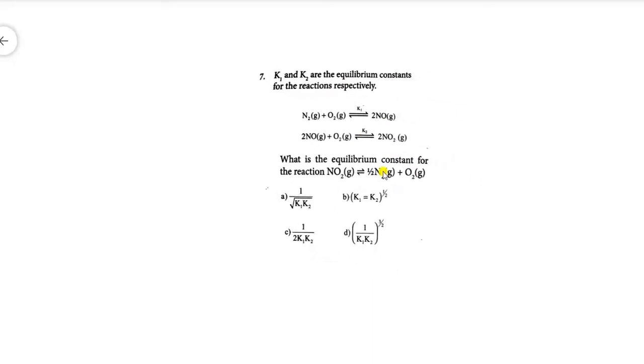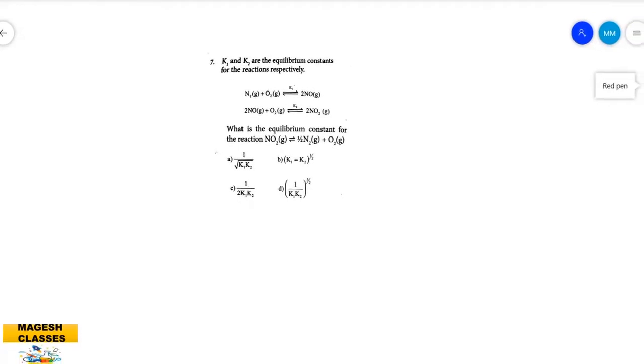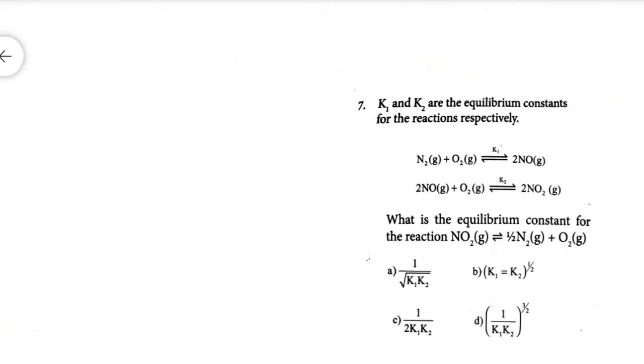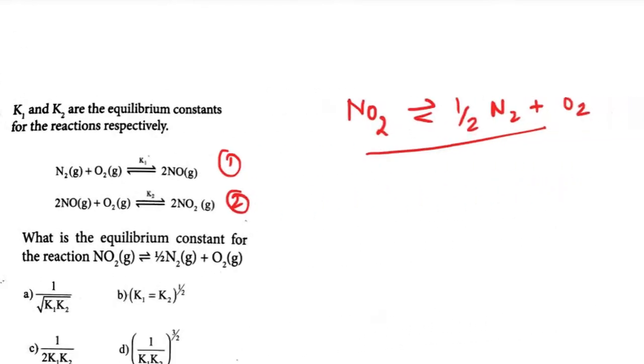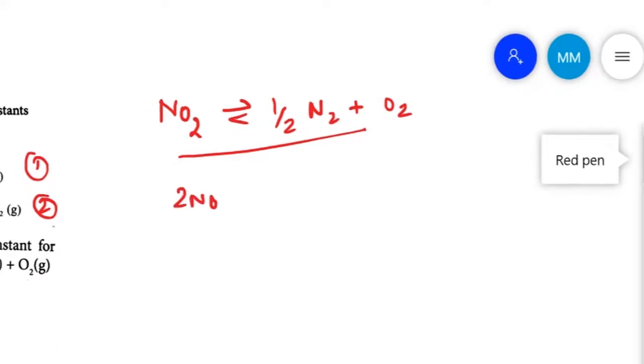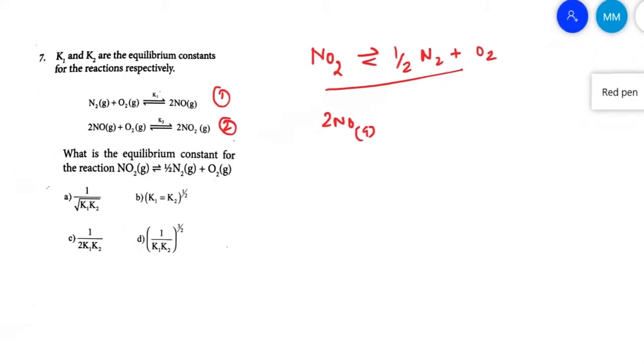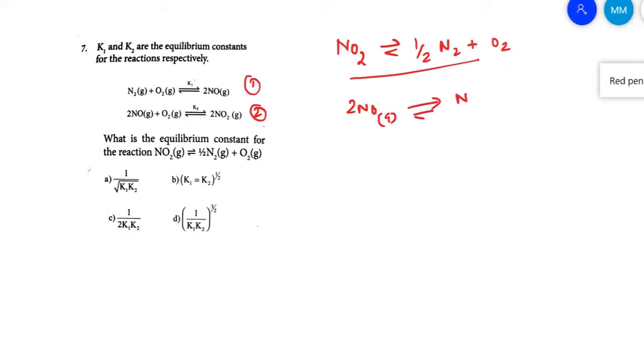So what is the relation from these equations? The given equation is NO2 gives half N2 plus oxygen. This equation is obtained from inverting the first one. So this is the first equation, this is the second. Inverting the first one, what do you get? 2NO gas gives N2 gas plus oxygen gas.